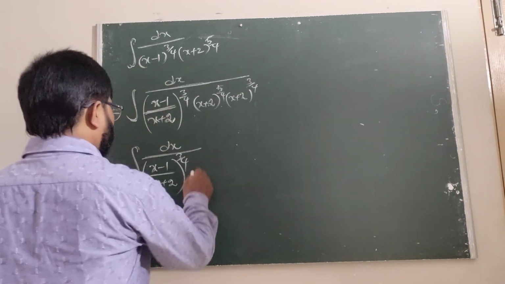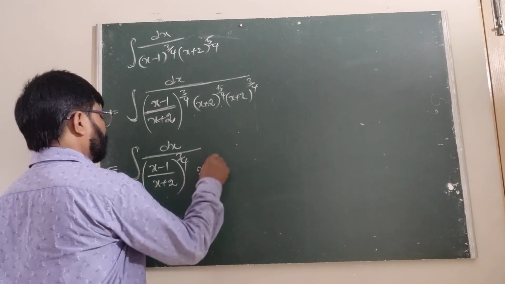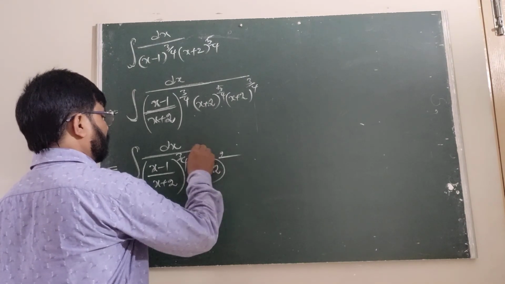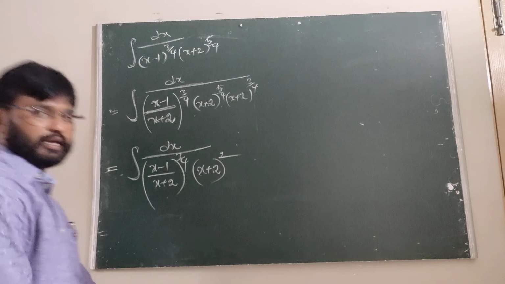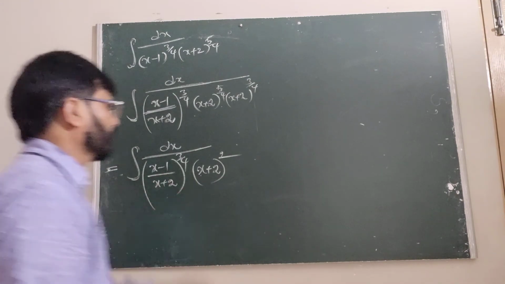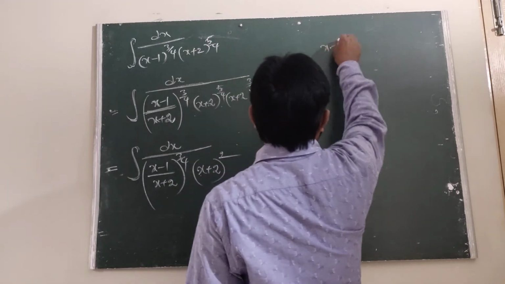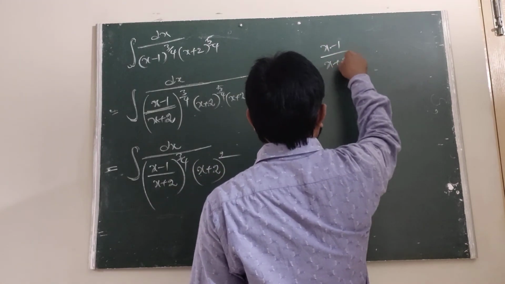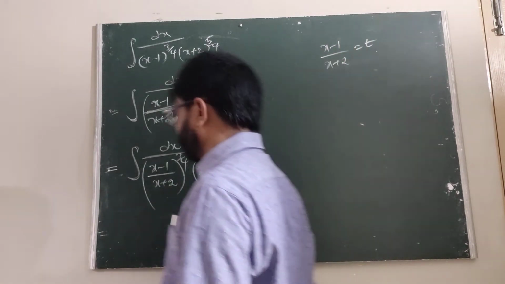Therefore, now this is x plus 2 whole square. 5 plus 3 is 8, 8 by 4 is 2. Here we are taking x minus 1 upon x plus 2 as t.